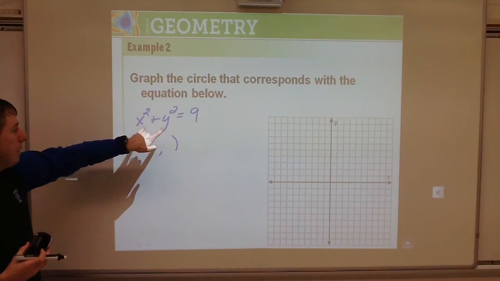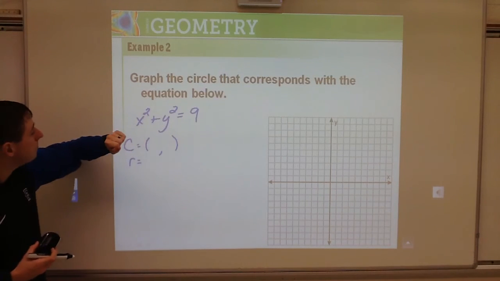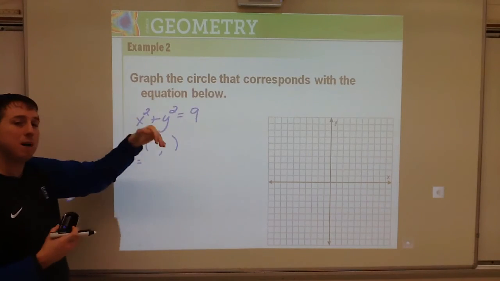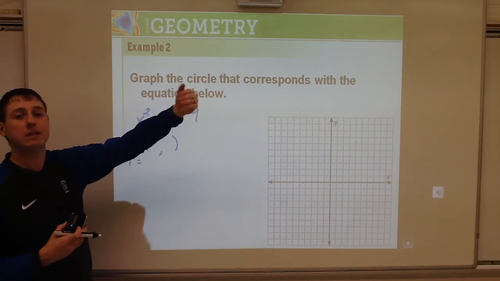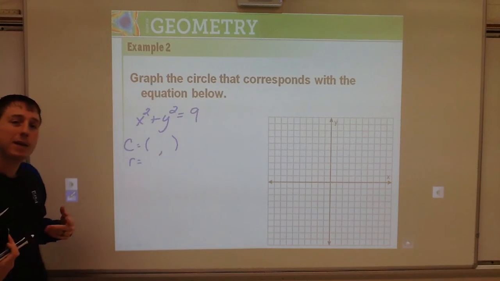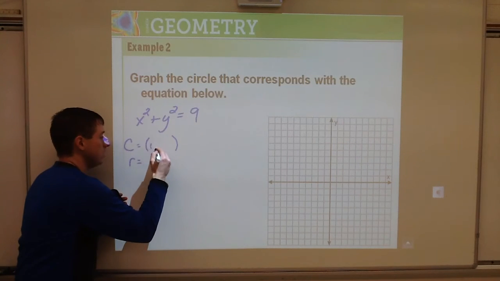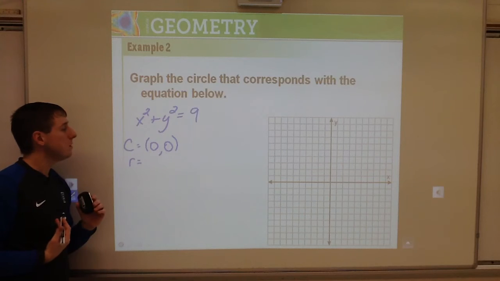If it just says x squared and y squared, what's going on is you really have x minus 0 and y minus 0, and you just get rid of those minus zeros. So when I see x squared or y squared, my center is 0, 0.